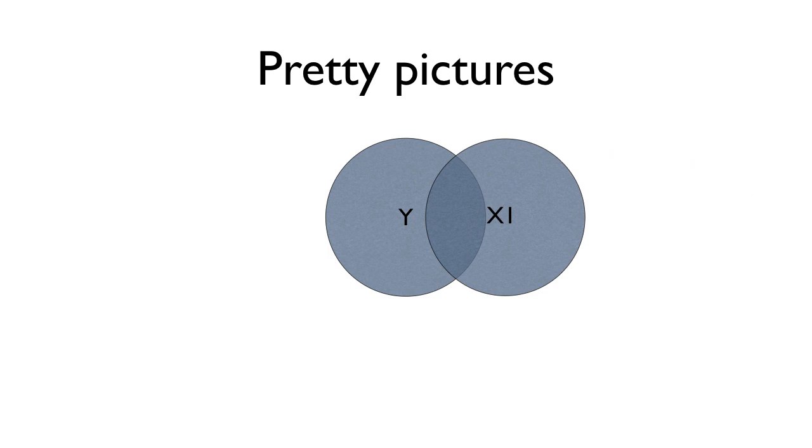So there's x1, and it overlaps, that's about a quarter, it's probably a little less, but let's pretend. x1 overlaps about a quarter with y. They share some of their variance. Okay? Just a classic Venn diagram. They just share variance.